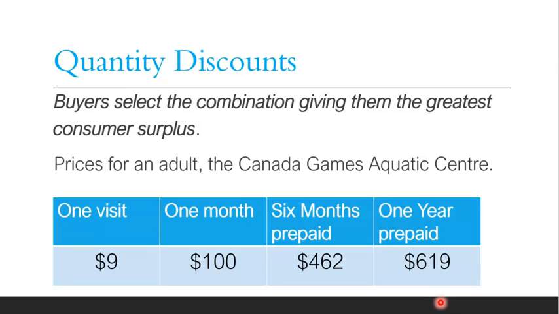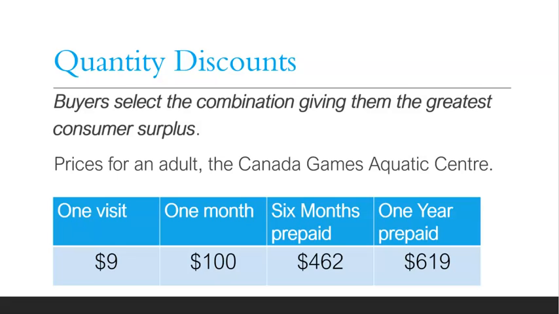The marginal cost, in other words, is more or less zero. So what you'd like to do is to essentially maximize your revenues, and so you want to sort people out according to their willingness to pay.